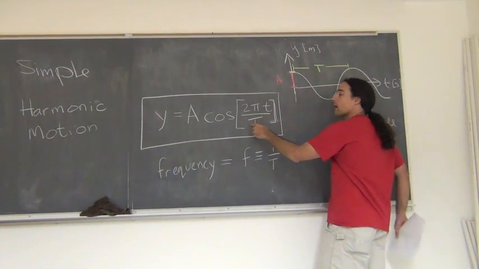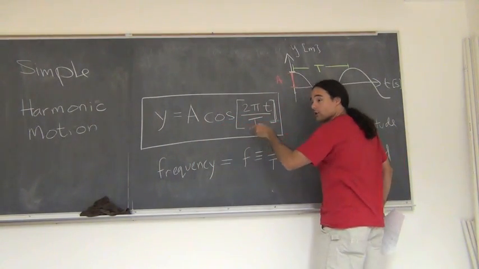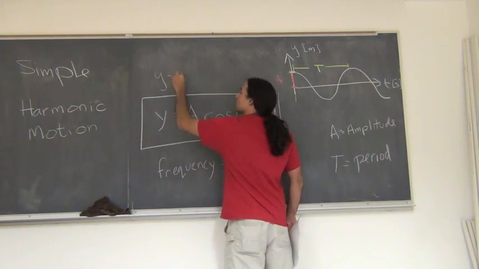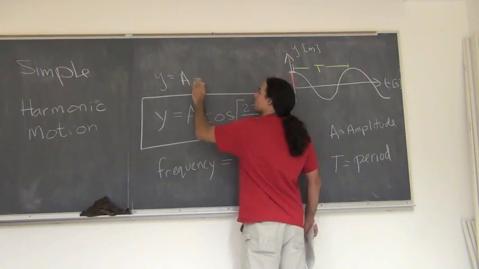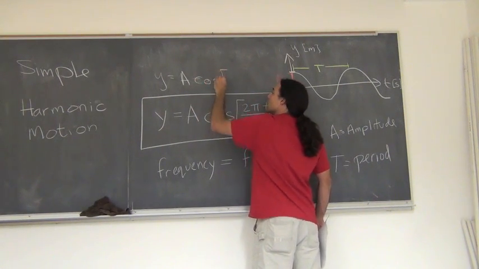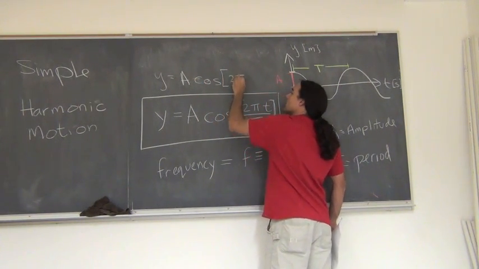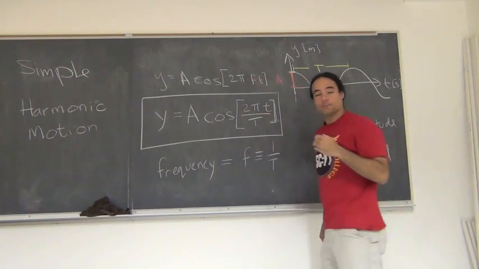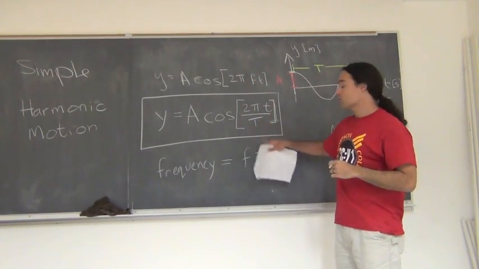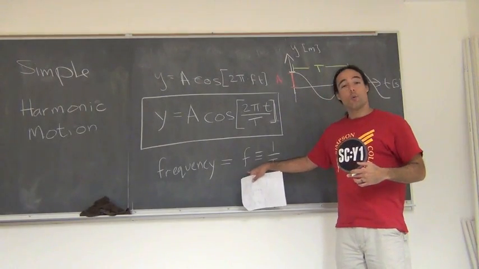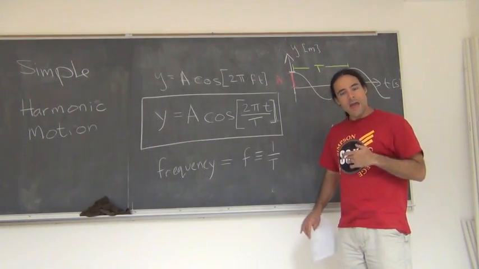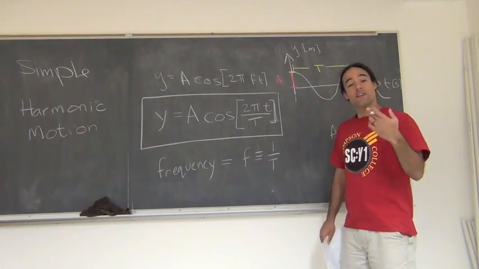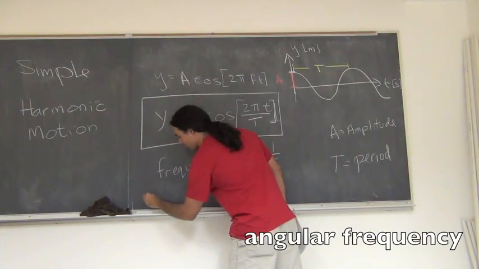Now, I could rewrite my equation of motion in terms of that frequency. We could say that this is y equals A cosine 2 pi times the frequency times the time. That's equivalent. I'm just replacing the 1 over T with the frequency. However, some physicists are even lazier than that. So they've defined this other quantity called the angular frequency.